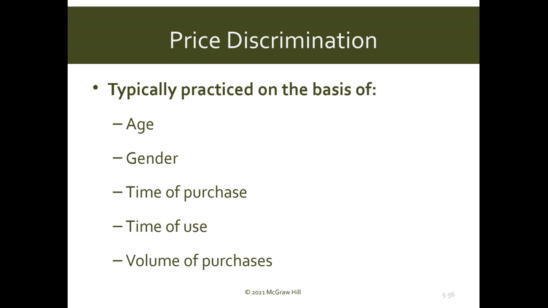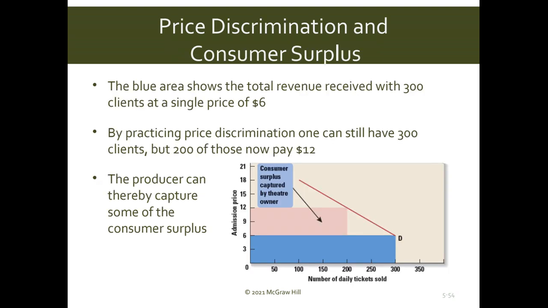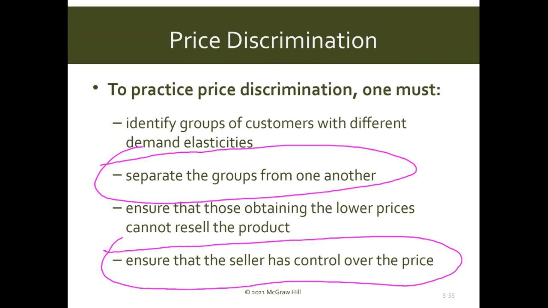That is price discrimination. So if you are available on Monday, yes, you can get that deal. Time of use, volume of purchase. If you buy in bulk quantities, you'll pay lower prices. That is also a type of price discrimination. So these are all different ways that you can distinguish between two different types of consumers. You can separate your customers into two different categories.